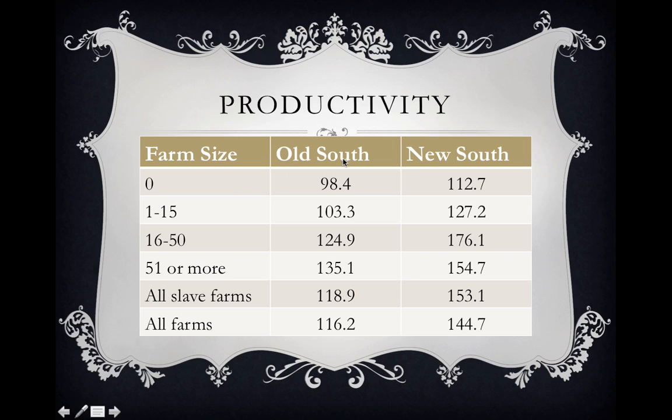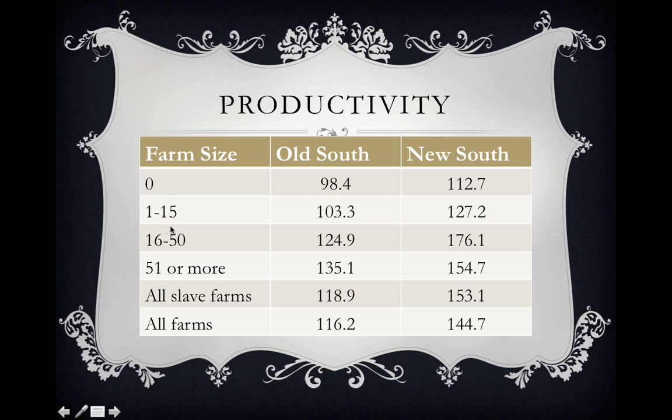So let's take a look at the Old South. You can see that if you had a farm in the Old South with no slaves, your production index was about 98. If you engaged 1 to 15 slaves, your productivity was higher. So basically, about a 5% increase in labor productivity just from going from a small farm with no slaves to a small farm with 1 to 15 slaves.